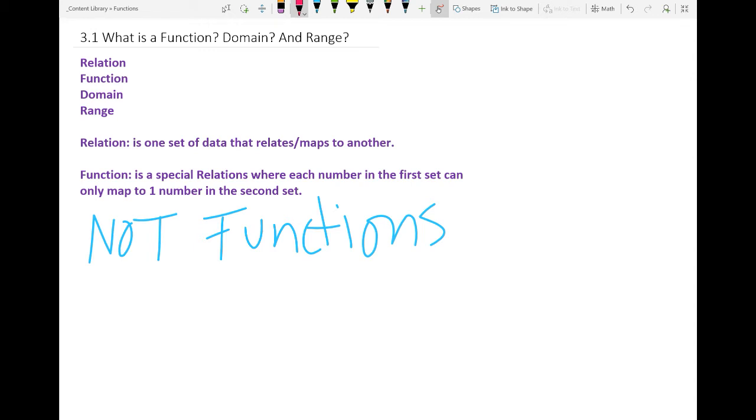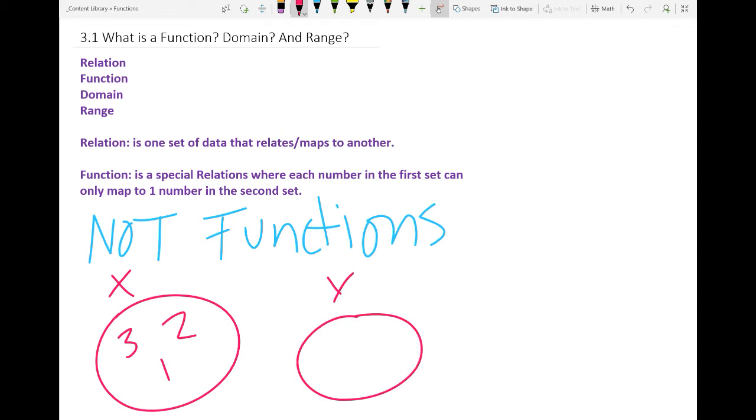Okay, so let's say I have that same setup, and this time we have 3 could go to 5, or it could go to 6. That choice makes this not a function, because a number in my first set went to 2 separate numbers in the second set. So this is not a function.